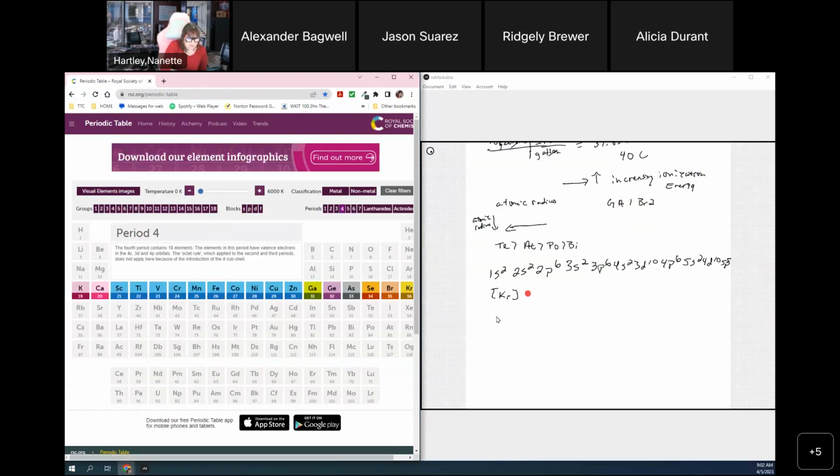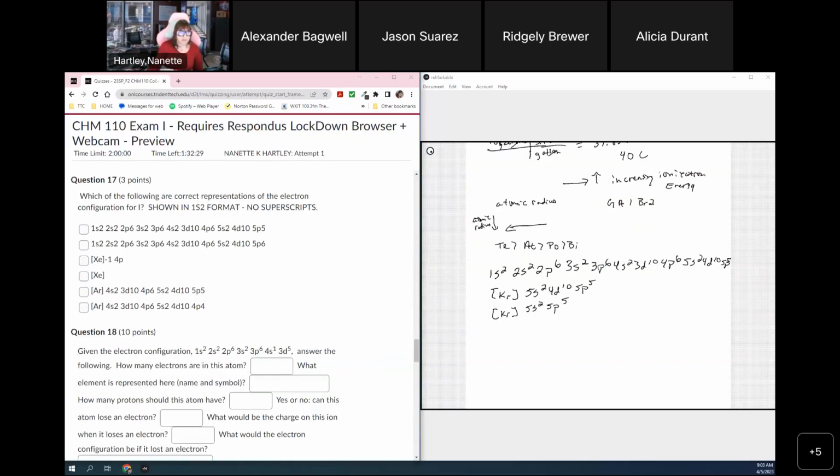And beyond that, I have 5s2, 4d10, 5p5. This can also be written, depending on who you're asking, as Kr 5s2, 5p5, because some people think that since it's a 4, it should be included with the krypton, even though that really doesn't happen. So whatever. That is one of the ways that we can talk about that.